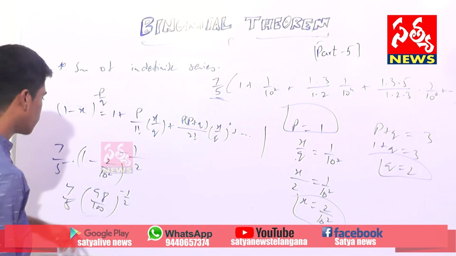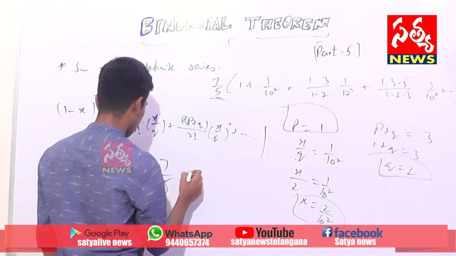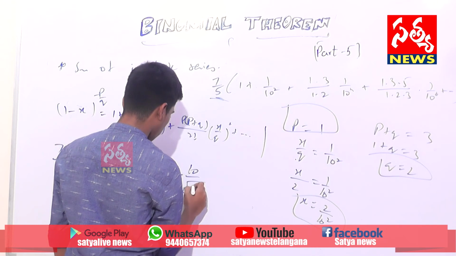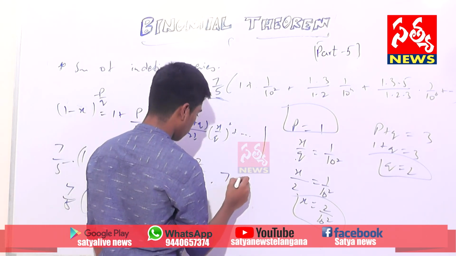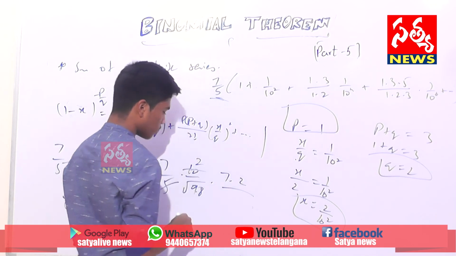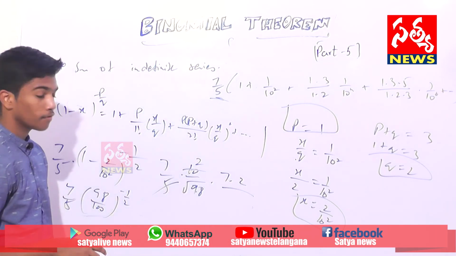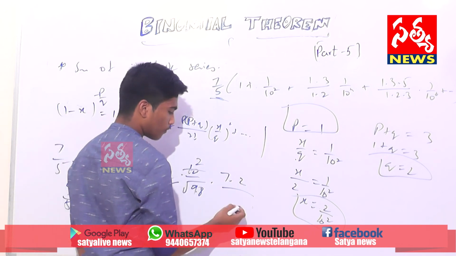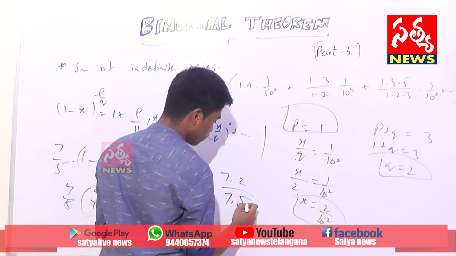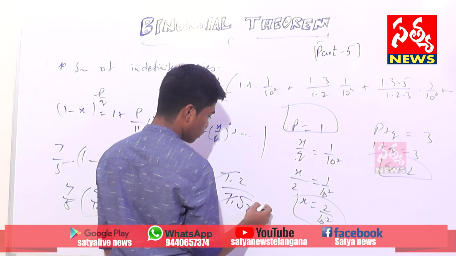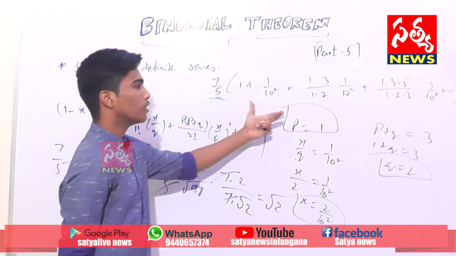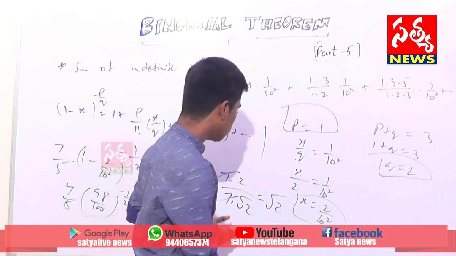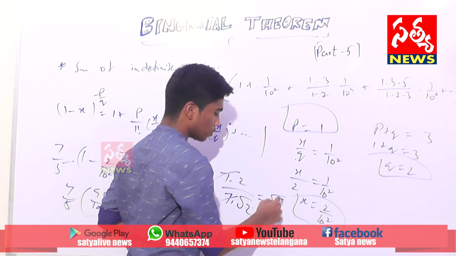Minus 1 by 2 means it gets inverted. 7 by 5 into 10 by root 98. 5 ones, 5 twos, 7 into 2 by root 98. Root 98 is 49 into 2. Root of 49 is 7, into root 2. 7 cancels and the answer is root 2. See, this is such a big expansion, but the answer is root 2.